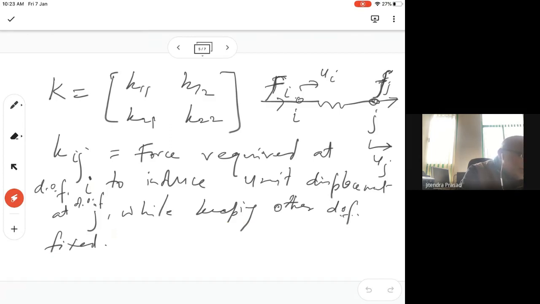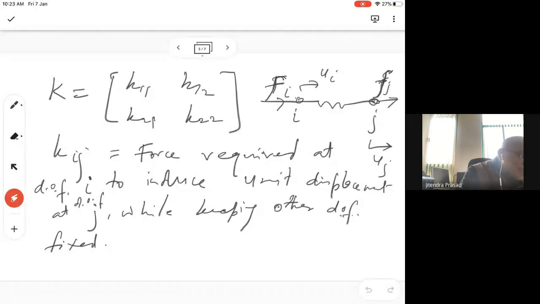Now, what is the meaning of that? When we say K12, this means I equal to 1, J equal to 2. So force required at degree of freedom 1 to induce unit displacement at degree of freedom 2, right?